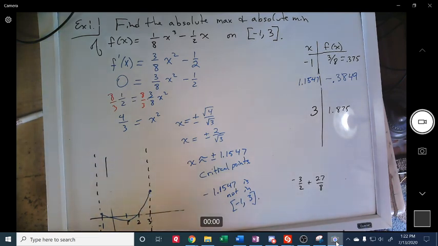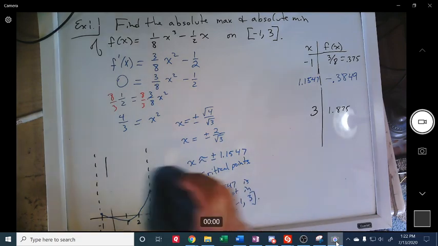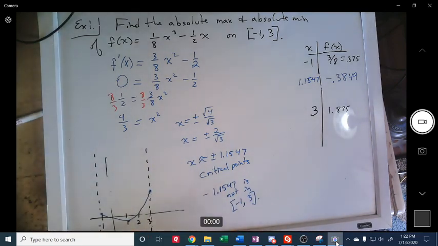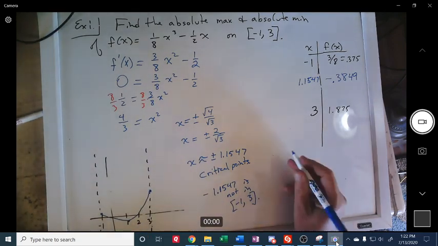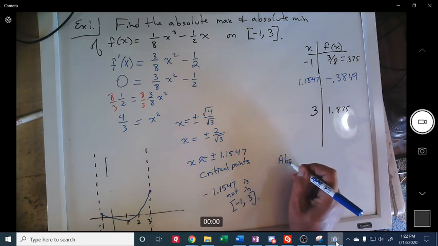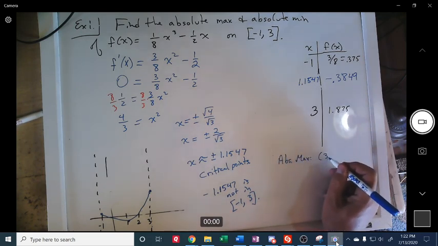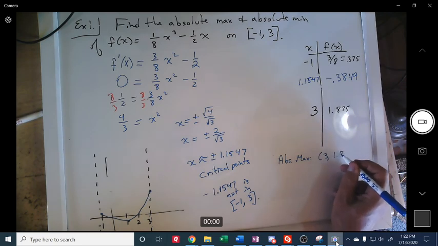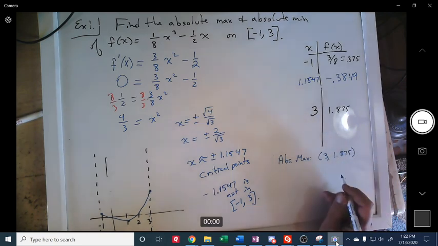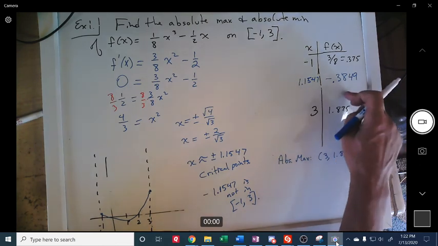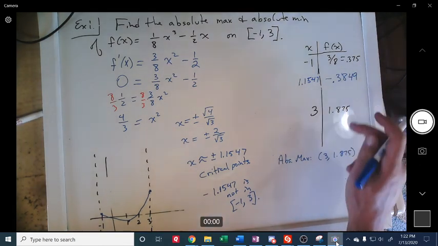And so I can see that my absolute max, that's the highest of these, it's the largest of these 3 values.